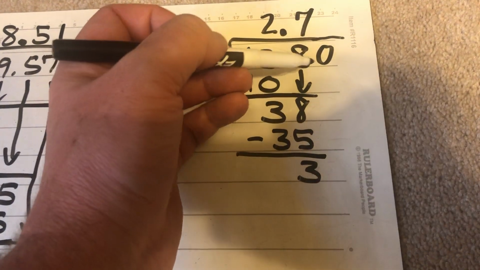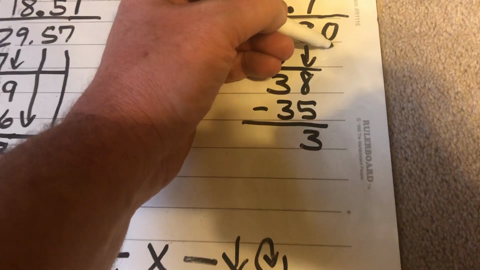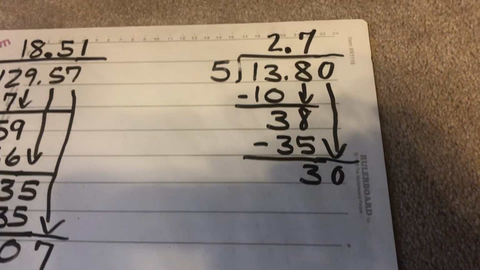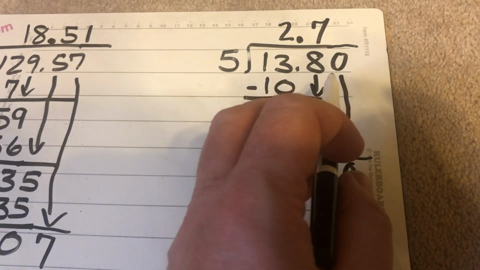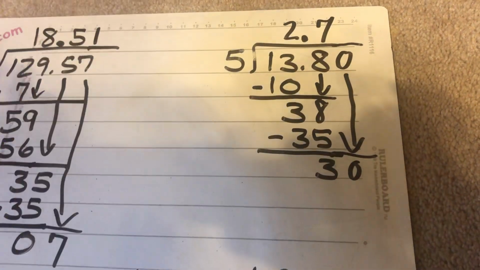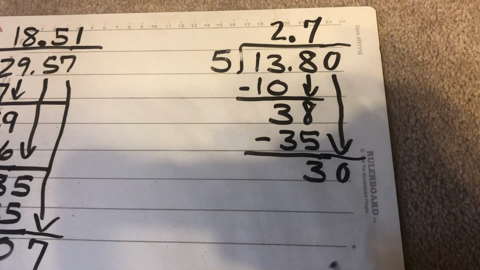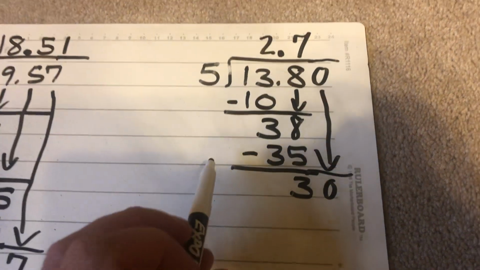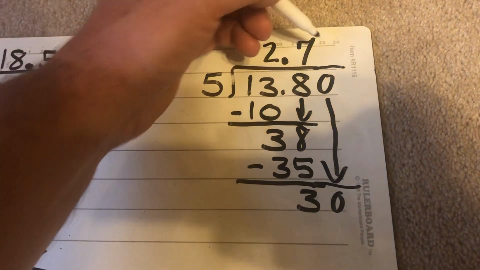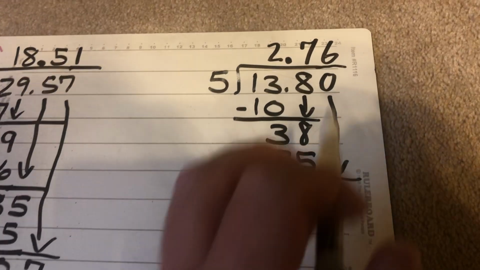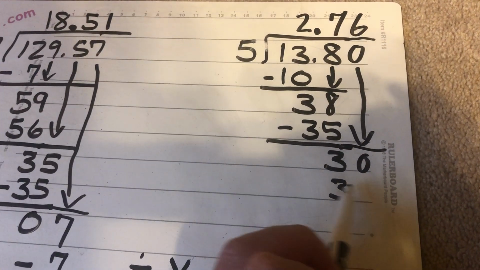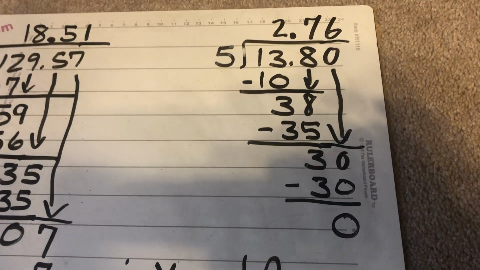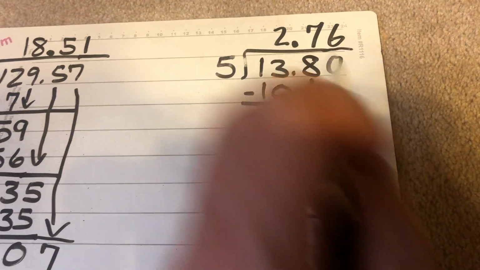But what it does do, it allows us then to add a 0, and it gives us another number to bring down. And there'll be times as we go on that sometimes you have to add 2, 3, maybe 4 zeros, depending on the number, until you don't end up with a remainder. Now here's a situation that worked out pretty good, because we know that 5 can go into 30 6 times. We know that 6 times 5 is 30, and we know that 30 minus 30 is 0. And so I end up with 2 76/100ths.